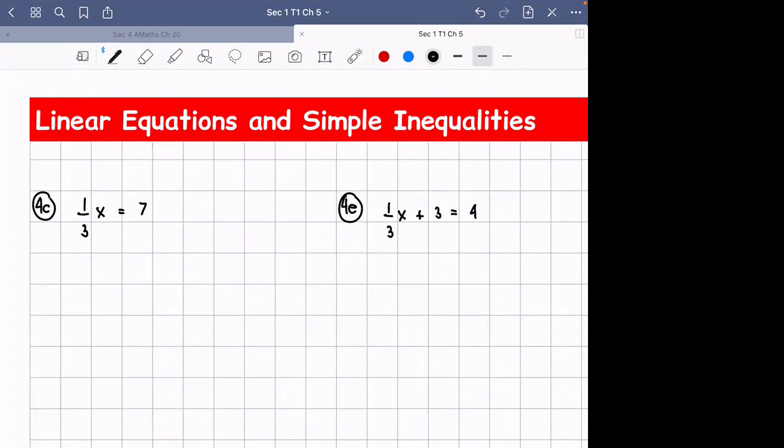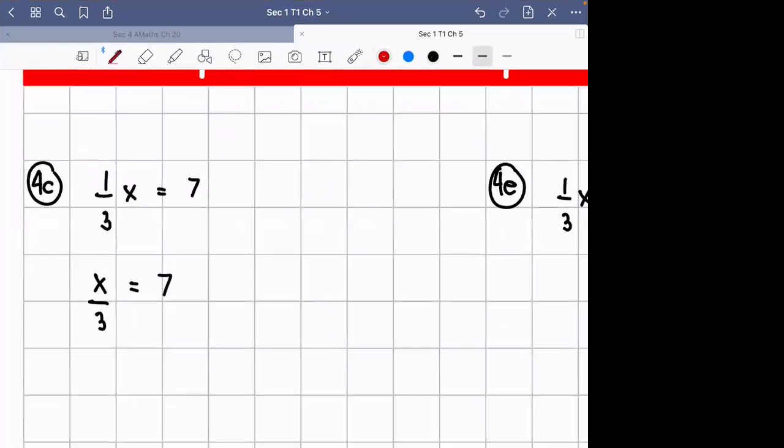For letter C, we have 1/3 x equals 7. Now, again, you can rewrite 1/3 x as x over 3 equals 7. And then what do we do next after this? We just cross multiply.